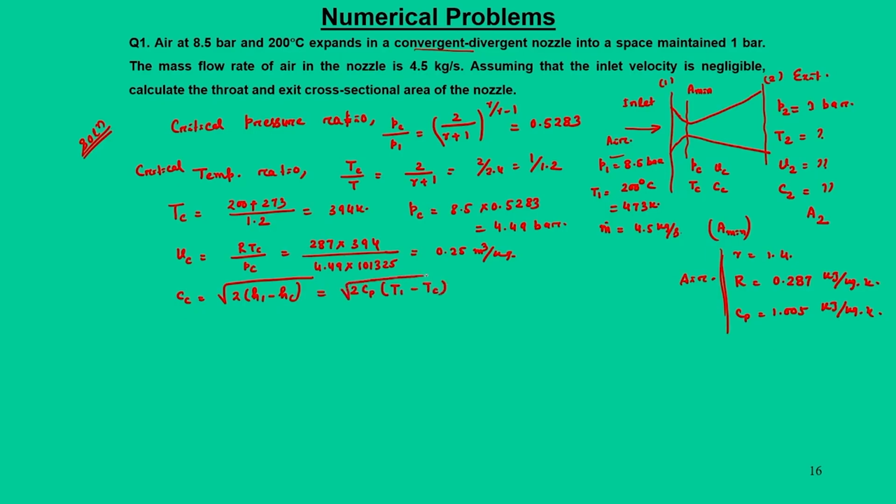Inserting the numbers, we say 2 into 1005 into (473 minus 394). So, this will give you Cc as 398.5 meter per second.